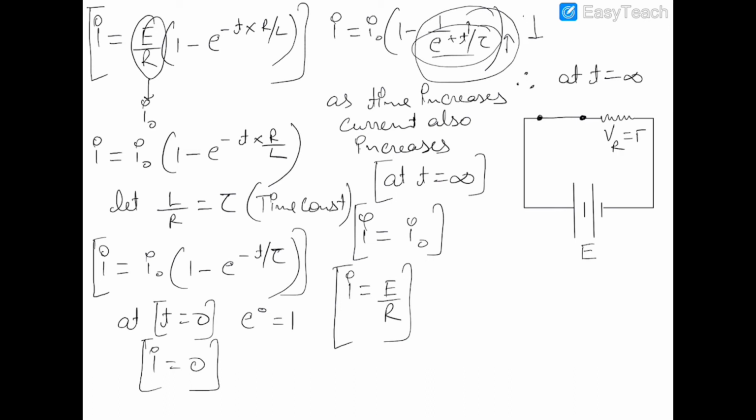VR is equal to E. The complete voltage of the cell would appear across this resistance and the inductor would be short circuited and current would reach its peak value.